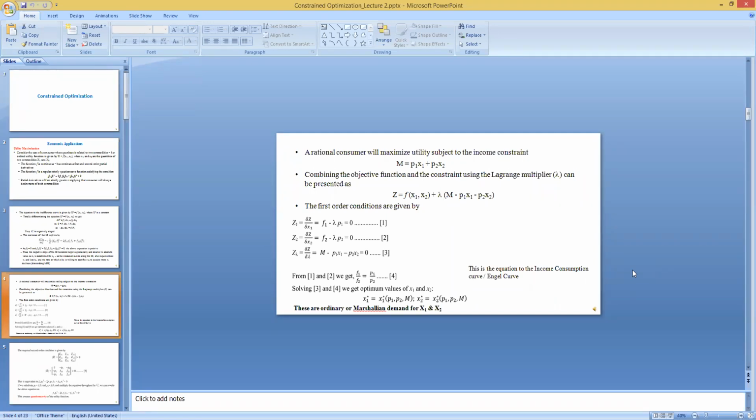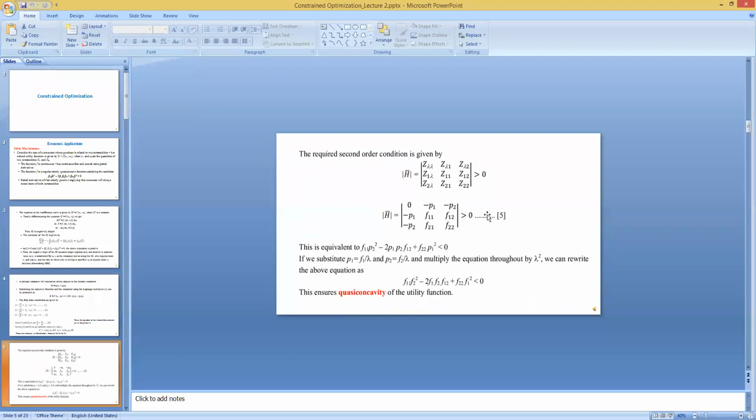Z lambda lambda, that is del square z by del lambda square, what will be the value? 0. And if I take the derivative of Z1 and Z2 with respect to lambda, we will get back minus p1 and minus p2. That is Z1 lambda, Z2 lambda. This will be minus p1, minus p2, etc. So we are putting these values here. This is Z lambda lambda. This is Z lambda 1, which is equal to Z1 lambda.